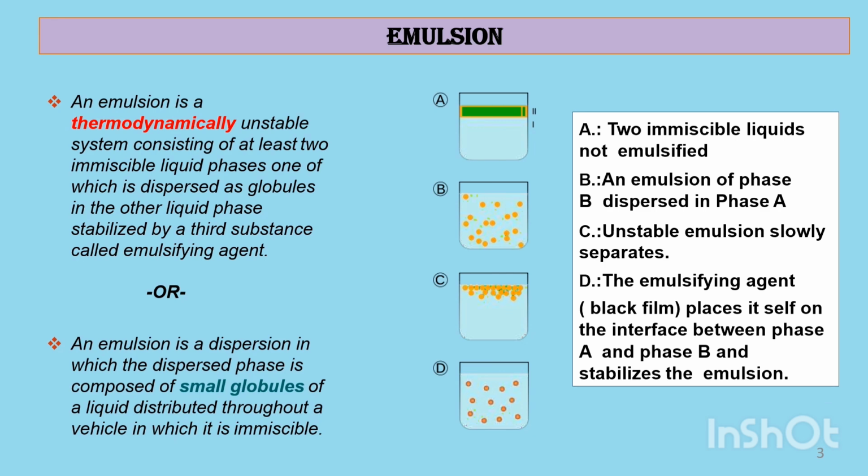As I have already told you, it is a thermodynamically unstable formulation as it contains two immiscible liquid phases. Between the two immiscible liquid phases, one of which is dispersed as small little globules onto the other liquid phase, is called the dispersed phase or internal phase, while the other liquid is called the continuous or external phase.